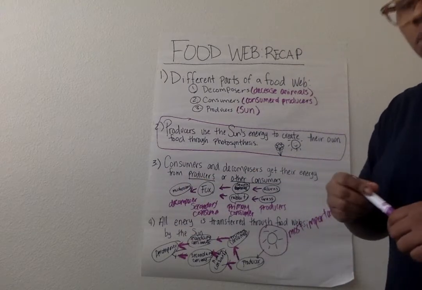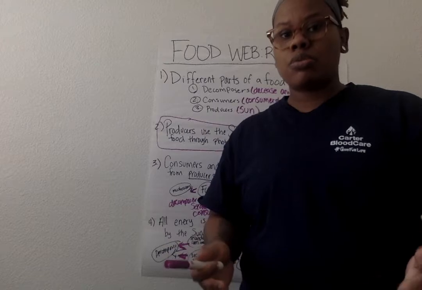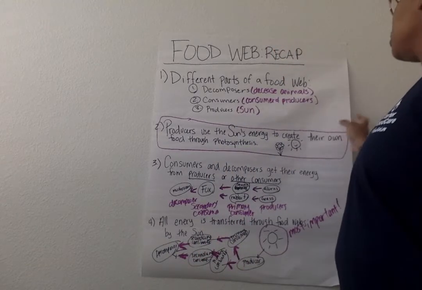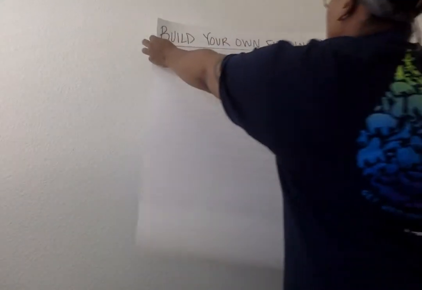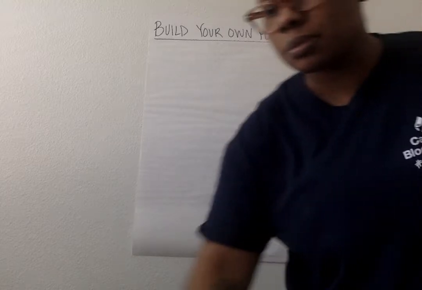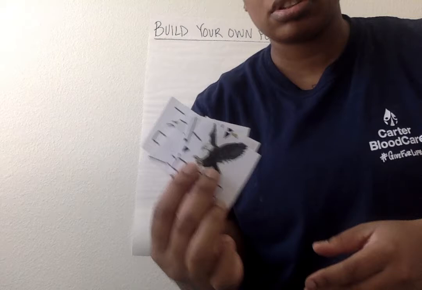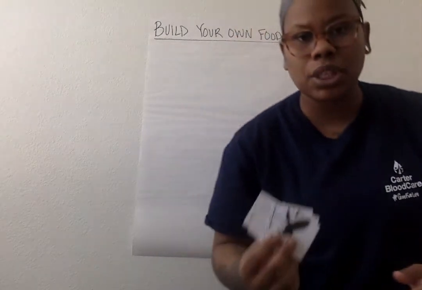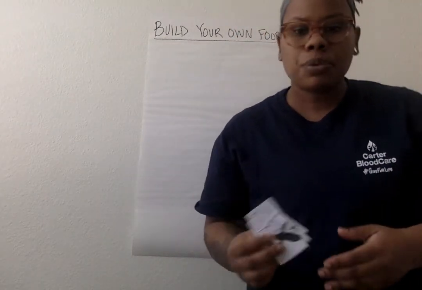All right. So now we're just going to build our own food web. So knowing what we know about food webs, we can now build our own food web. So I have, and I'm not an artist, so I'm not going to draw, but I did print out pictures of the organisms that we're going to use to build my food web.